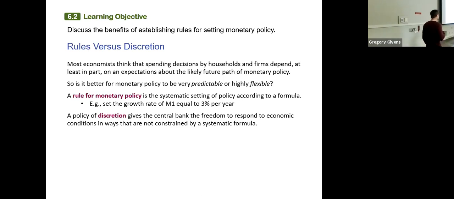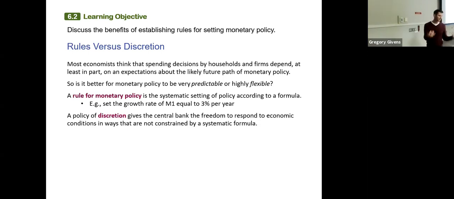The way that it sets the interest rate at these policy meetings is not to be constrained by something the Fed did in a past period or by some type of systematic formula, okay? Discretion allows the central bank to adjust the interest rate as it sees fit in response to unpredictable economic events.